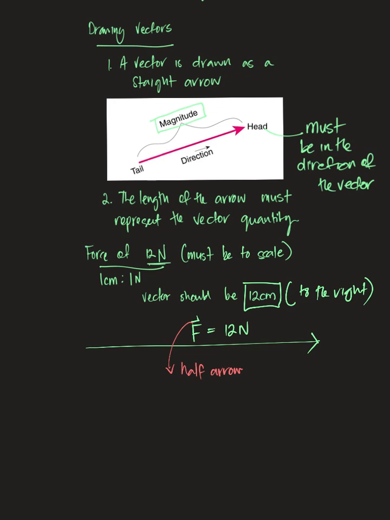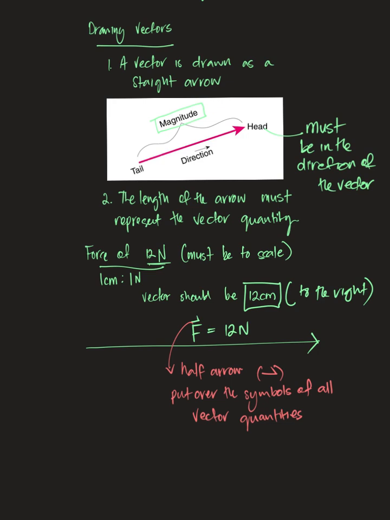A half arrow must be drawn like that. It must be put over the symbols of all vector quantities. Please let me stress this, if you don't put it over a vector quantity, it is a possibility that you will get a -1 for your question, right?